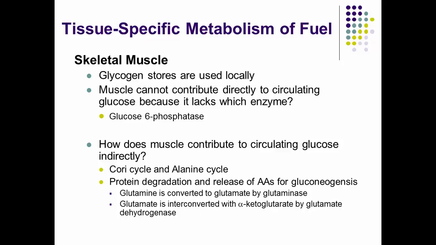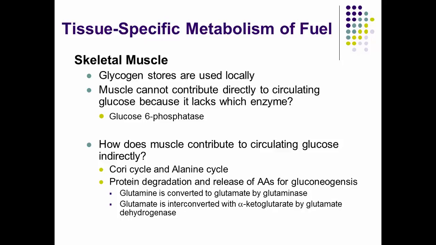But muscle is also a very important contributor to circulating blood glucose levels through indirect mechanisms, right? We also talked about this before, I think. One is the Cori cycle and the alanine cycle, which we just mentioned, by releasing lactate or alanine for making glucose in the liver.